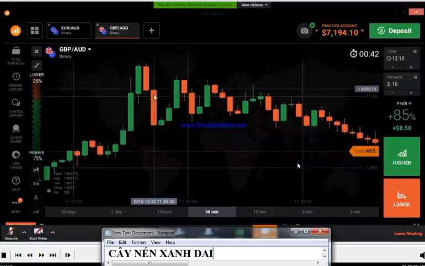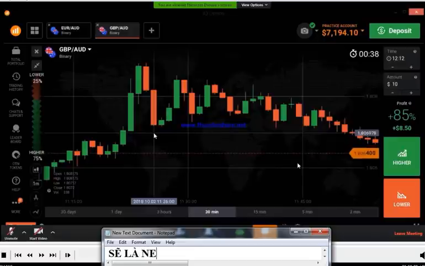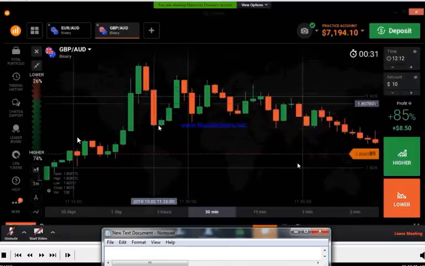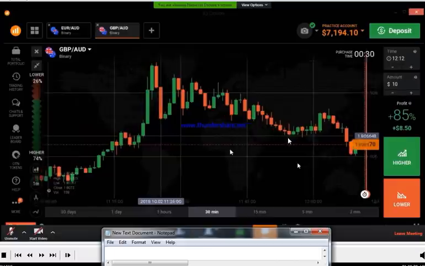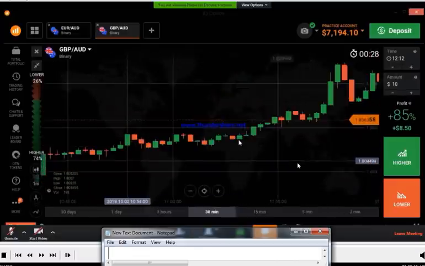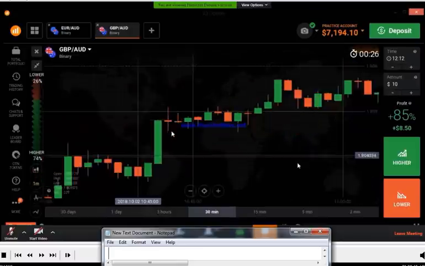After this candle, most of the people will place a put option, but it reversed because this is a Marubozu candle and this is a very strong candle. Strong candles, most of the time, will reverse the market. Only sometimes will they continue the market.